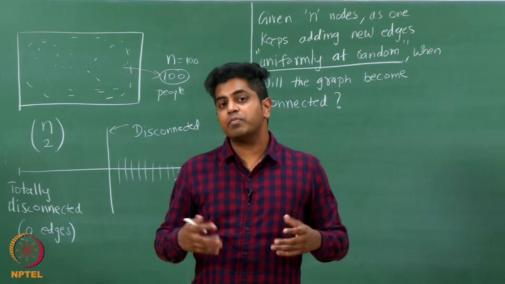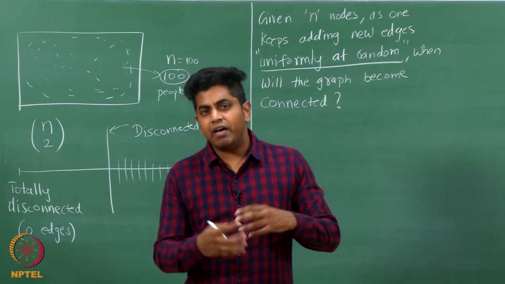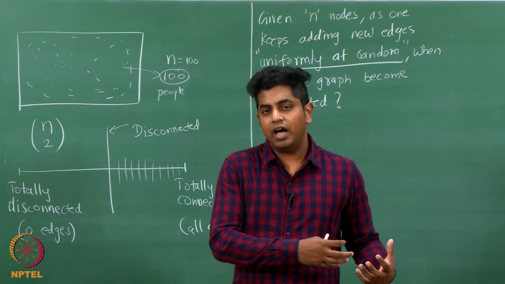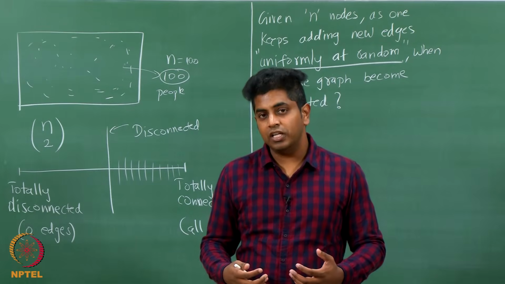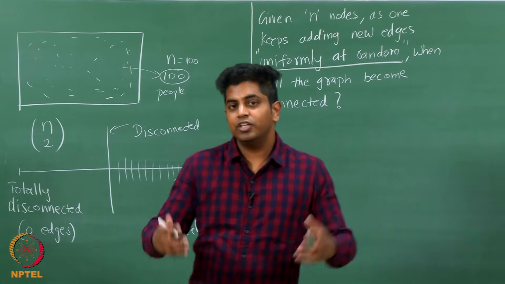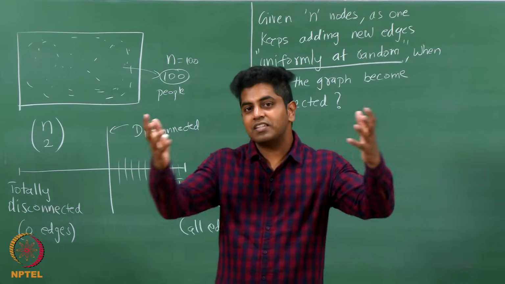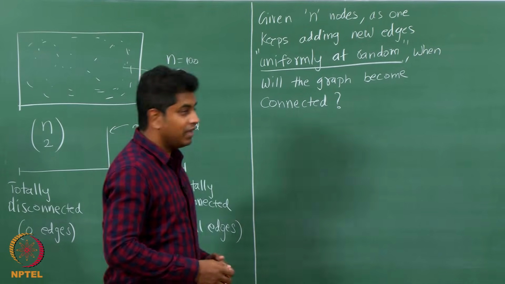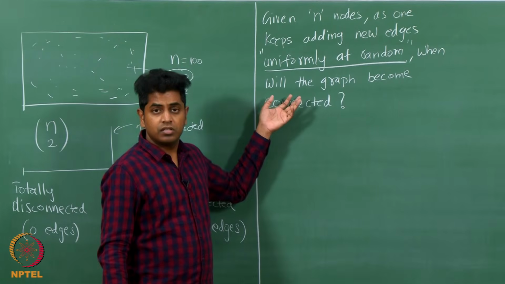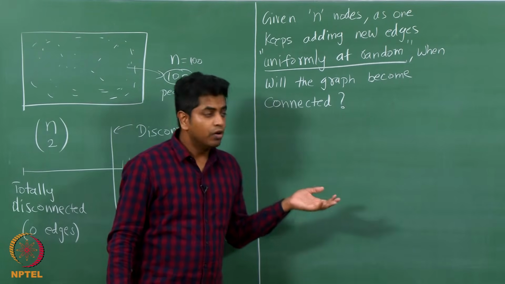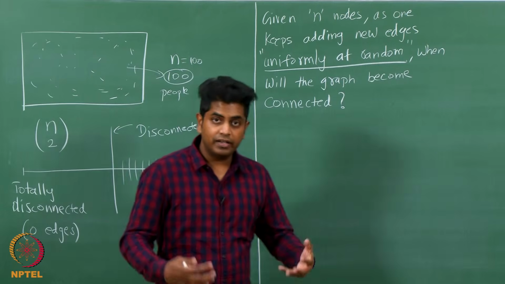This is just some sort of a guesswork, and you will say on an average if you run half an hour a day, in let us say 1 month's time you probably can lose 2 to 3 kilograms of weight. I am not a dietitian, I am not an exercise expert, I am just telling you as an example, right. Similarly, I am asking this question, as you keep putting edges, what do you guess will be the number of edges that it takes for you to make the graph become connected?